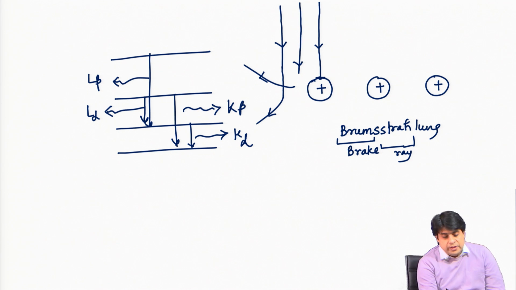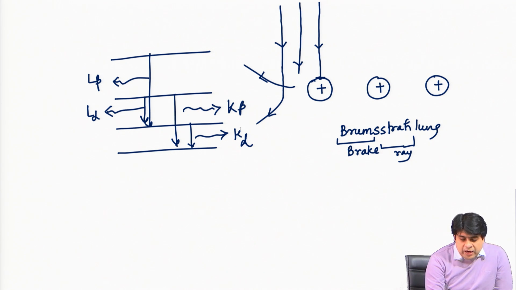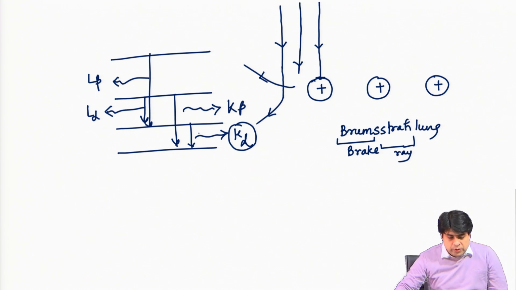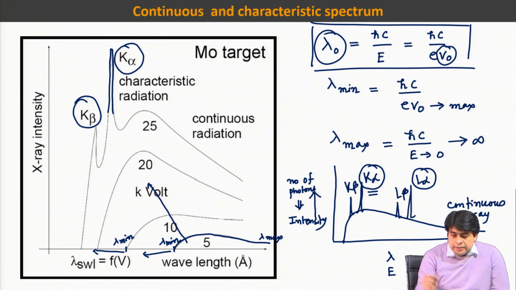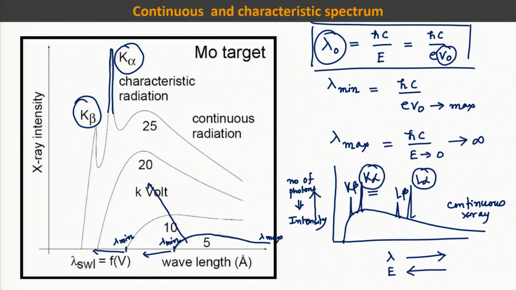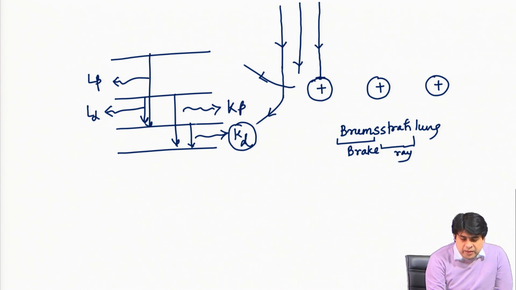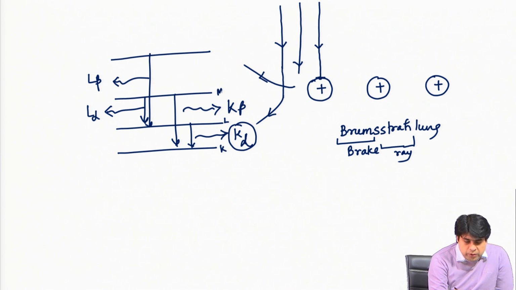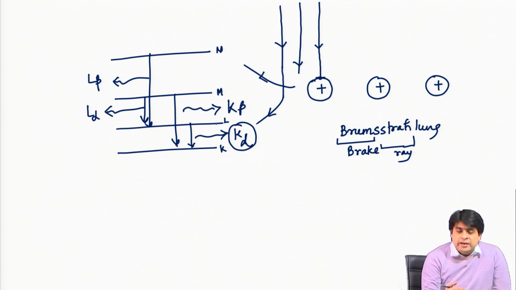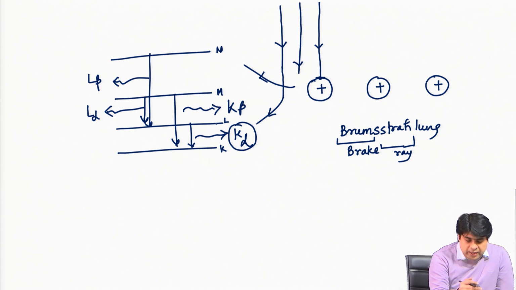K alpha has a higher energy than L alpha, because the energy needed to move an electron from the L shell to the K shell is higher than the energy required to move it from the M shell to the L shell.